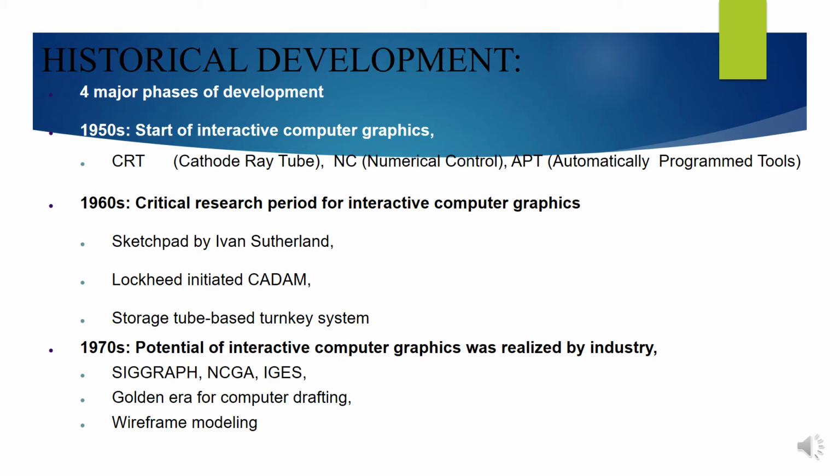In the period 1970 to 1980, the potential of interactive computer graphics was realized by industries, with interactive graphic systems. It was a golden era for computer drafting. Wireframe models, which we will study in later classes, the basic model structures, were introduced in the 1970s.